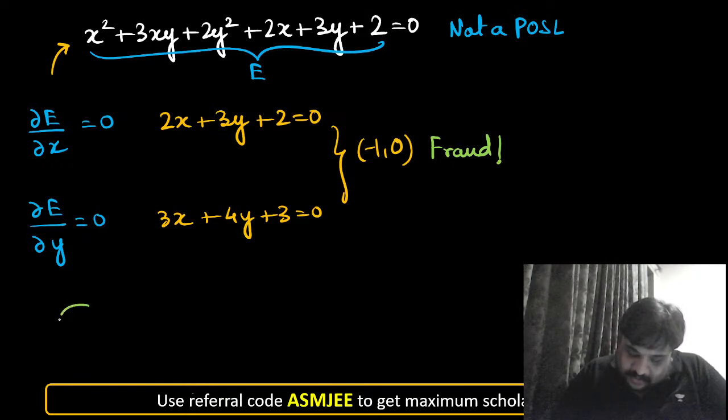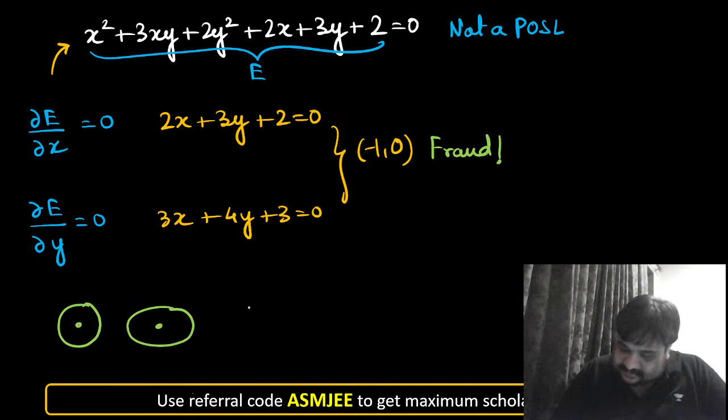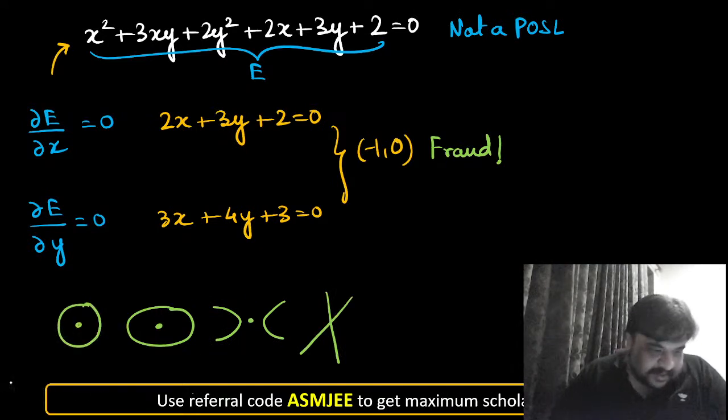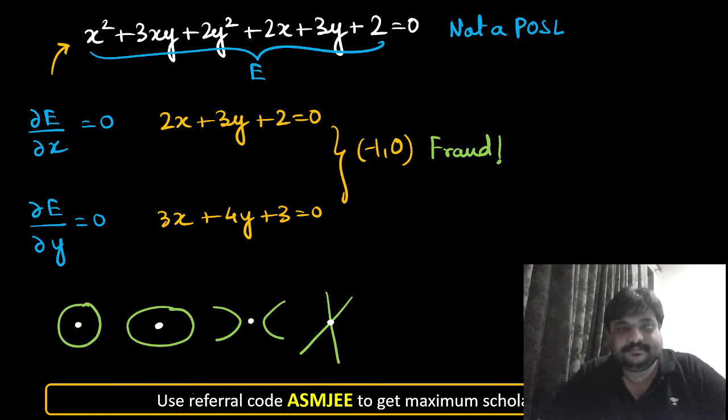Now, out of all the curves which have a center, we are very sure that it is not a parabola, because if it was a parabola, you wouldn't have got any answer, because a parabola does not have a center.